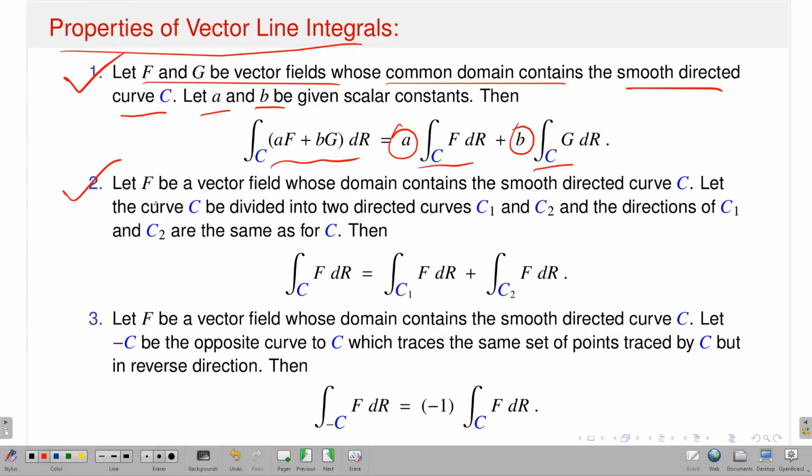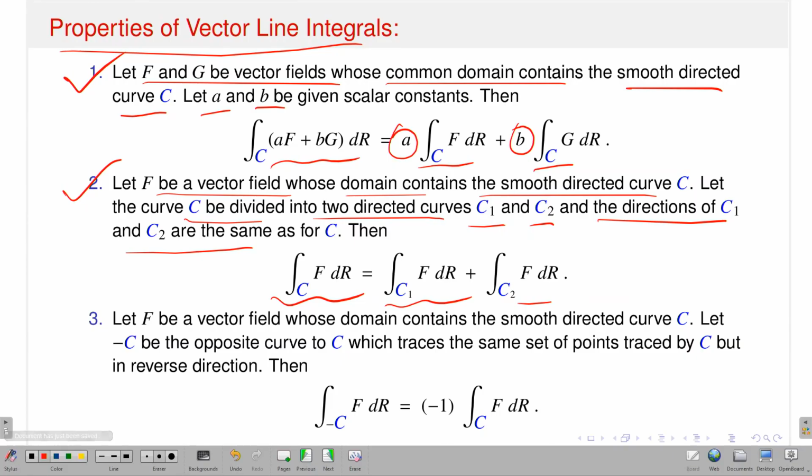Number 2: again, if I have a vector field whose domain contains the smooth directed curve C, and suppose my curve C is divided into two directed curves, say C1 and C2, and the directions of C1 and C2 are the same as the direction of C. If this is the case, then the vector line integral of capital F over C, dr, is nothing but the vector line integral of capital F over C1 plus the vector line integral of capital F over C2.